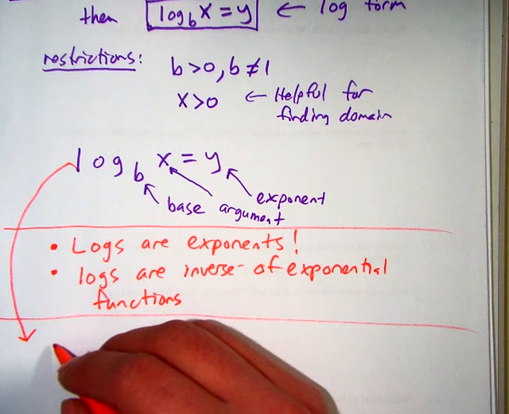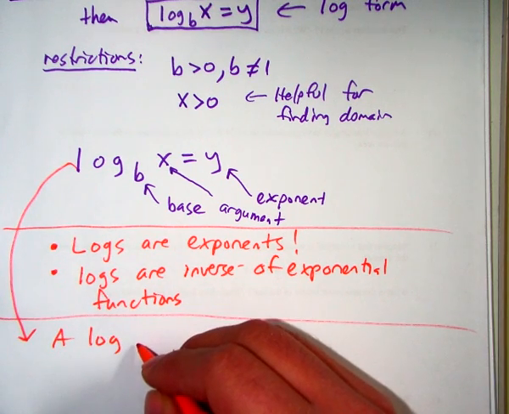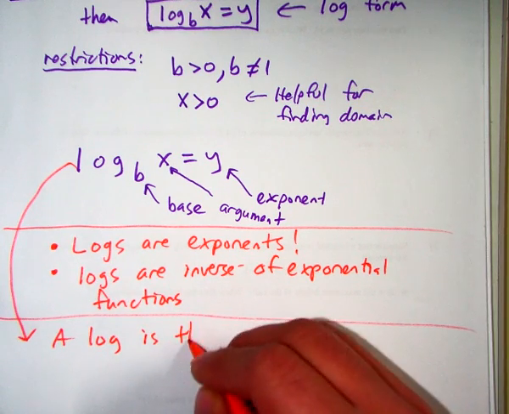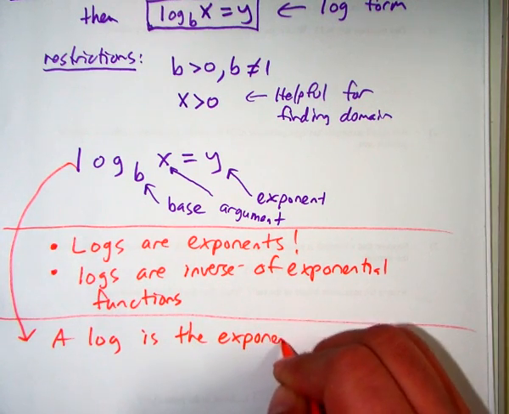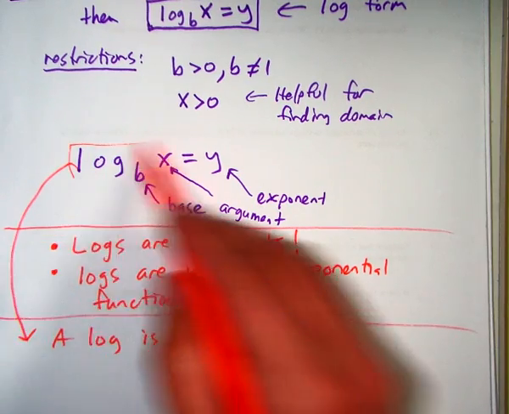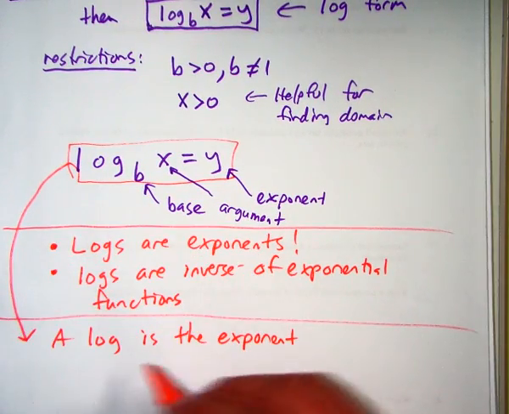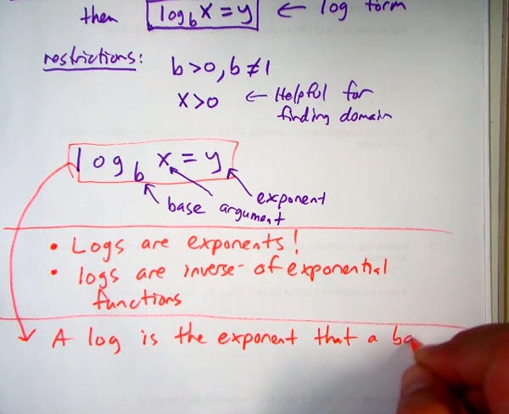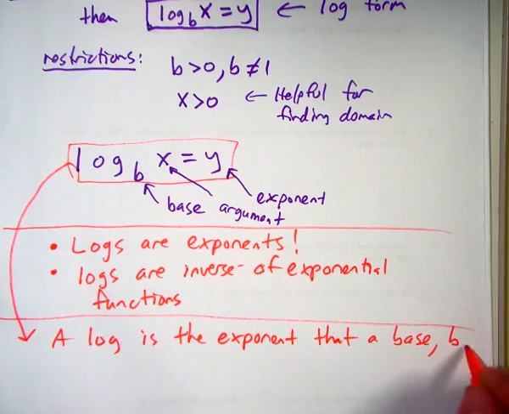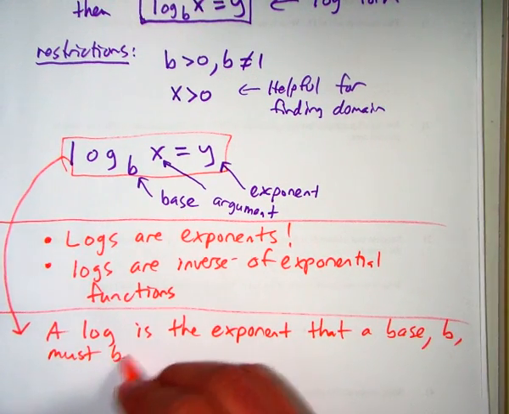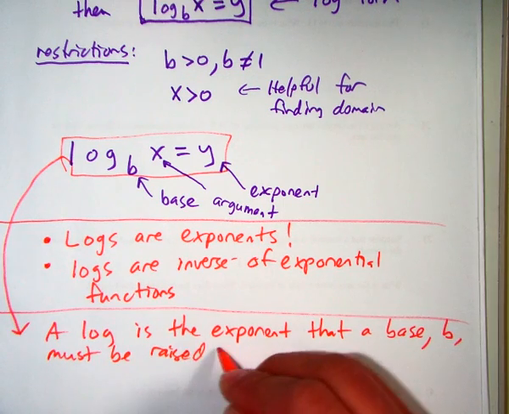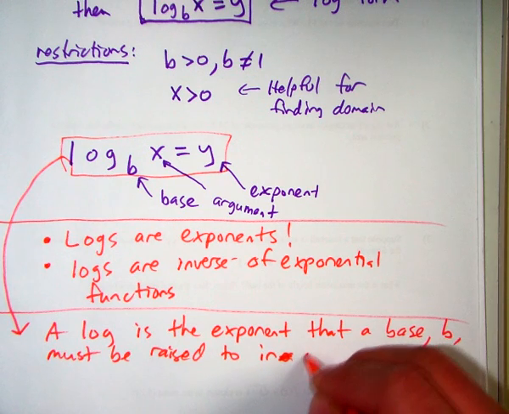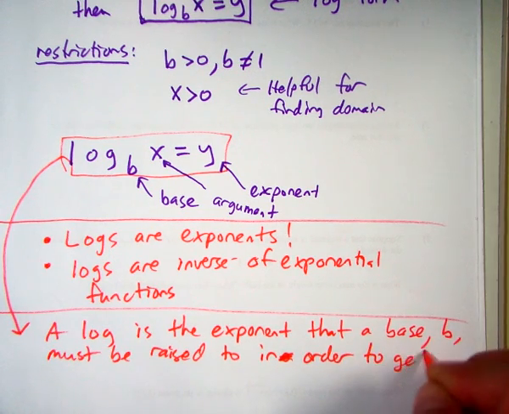A log, so this is kind of like another version of the definition, a log is the exponent that a base, in this case b, must be raised to in order to get x.